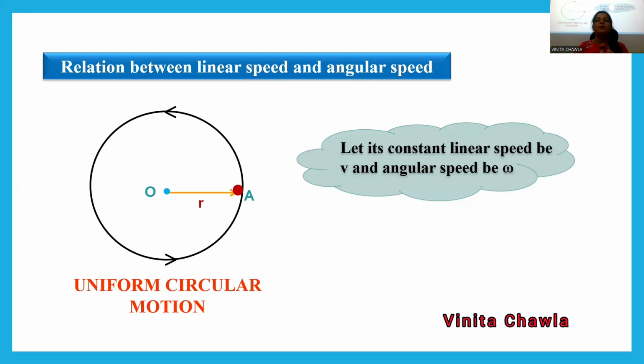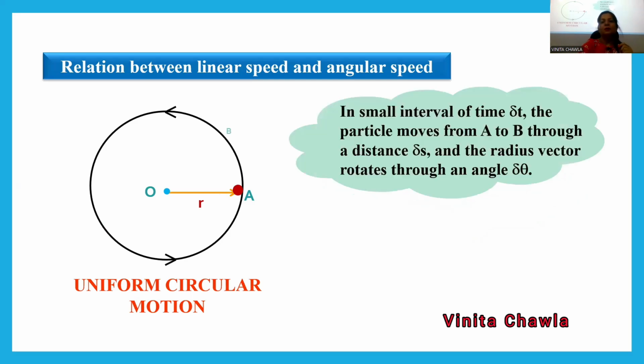So let linear velocity or linear speed, let's take speed because velocity is different at different points. We can take speed. So it is moving with constant linear speed because it is uniform motion. Therefore, object is moving with constant linear speed v and angular speed omega. Okay. So in small intervals of time del t, the particle moves from A to B. Initially particle was at A, and after a small interval of time del t, it reaches point B. And in this time interval, it covers an angle.